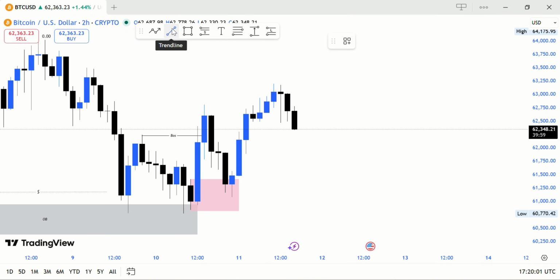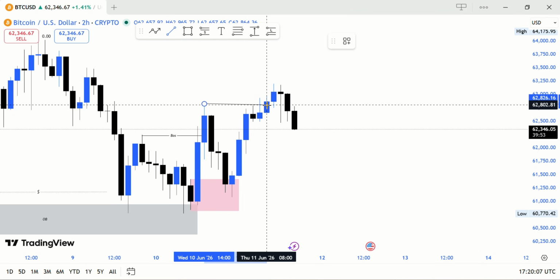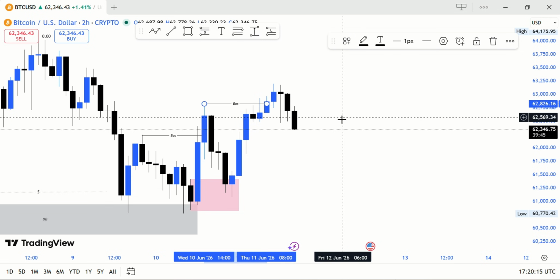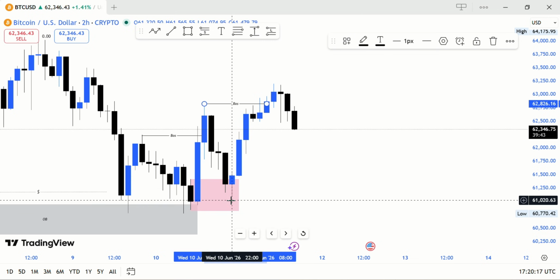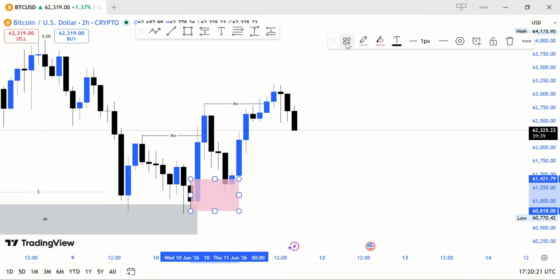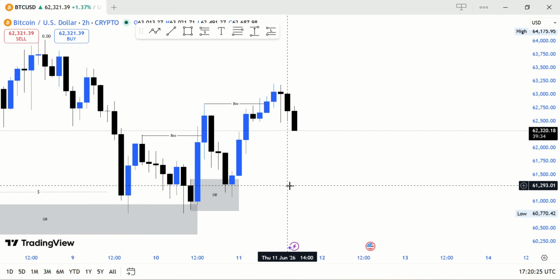So we got another break of structure, another break of structure to the upside. With another break of structure to the upside.